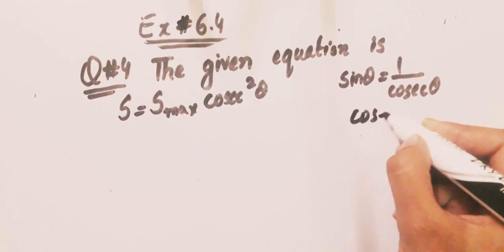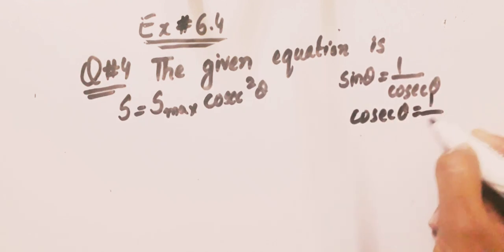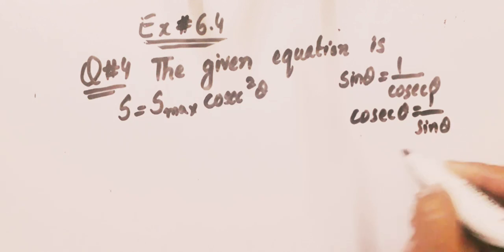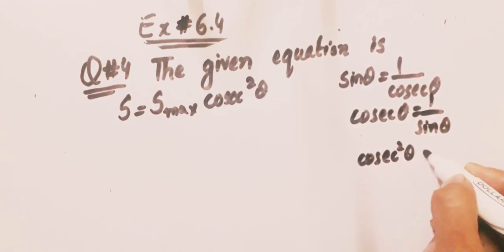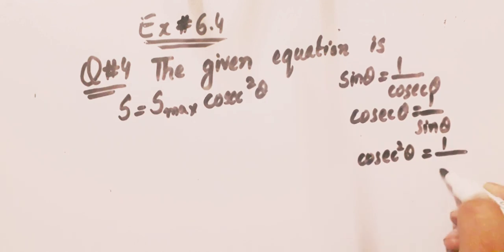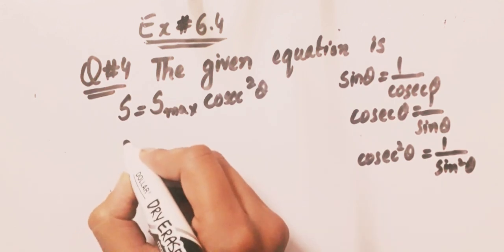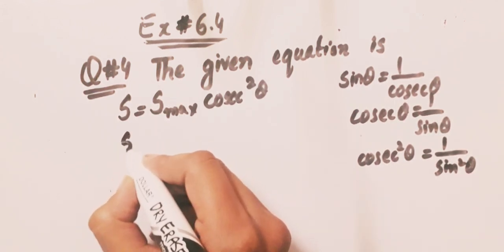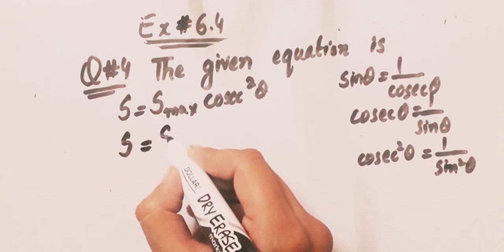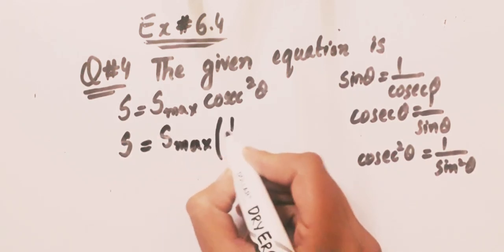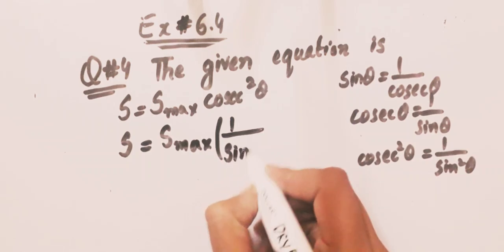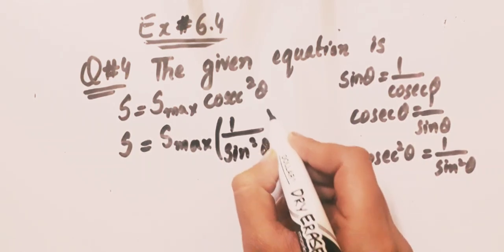Cosecant theta is equal to 1 over sine of theta, and cosecant square theta will be equal to 1 over sine square theta.